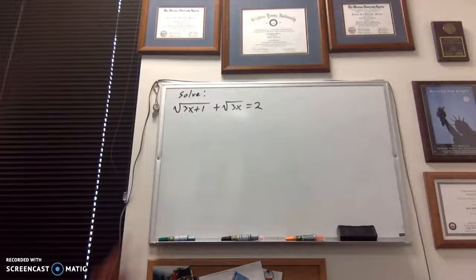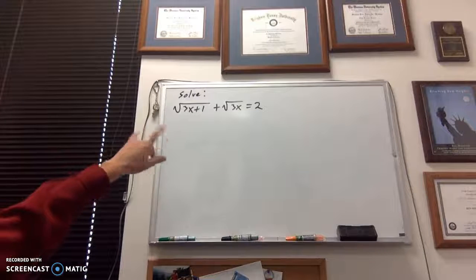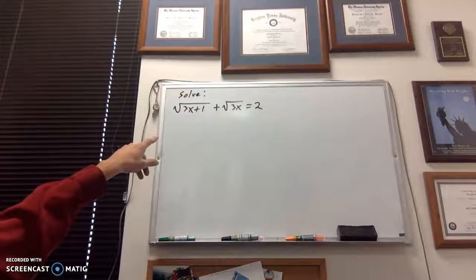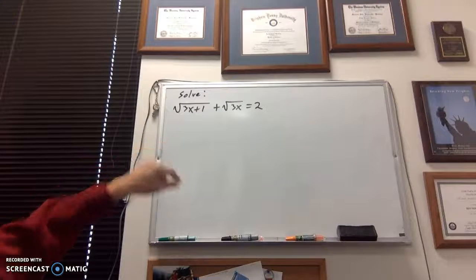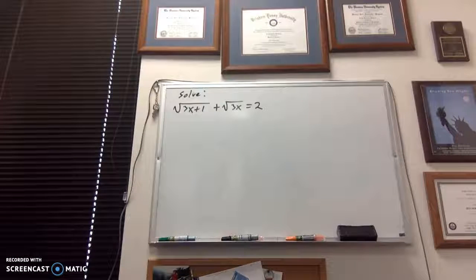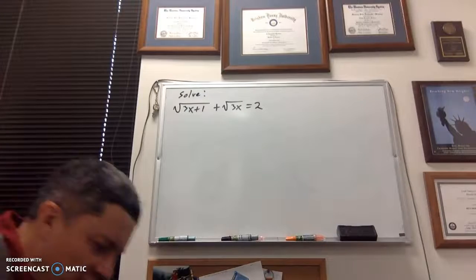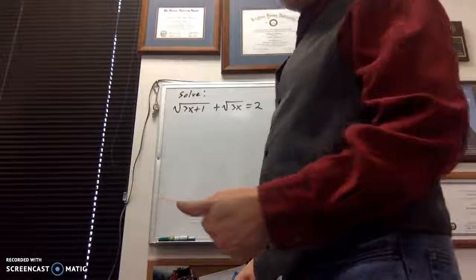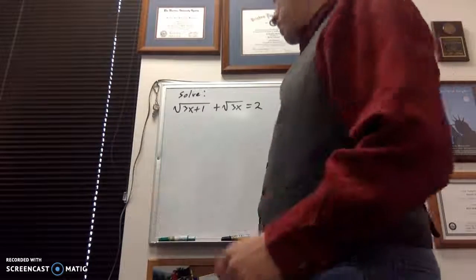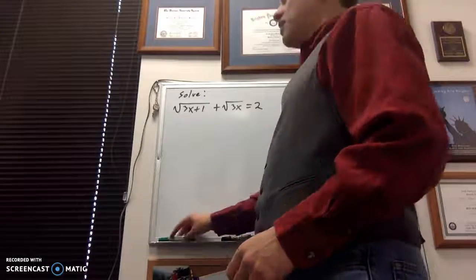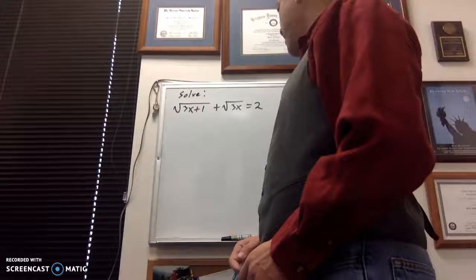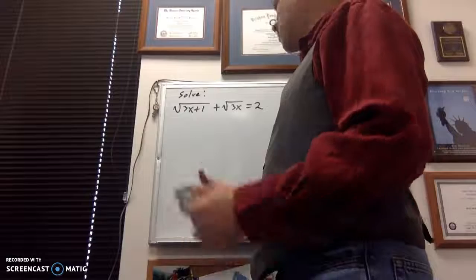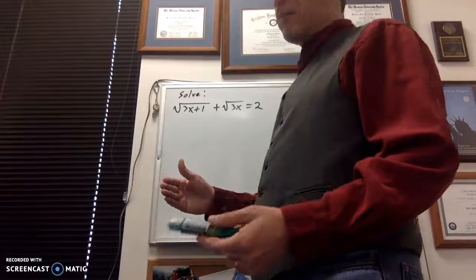In this problem, I've got two radicals in there. I've got the square root of 3x plus 1 plus the square root of 3x equals 2. So Clint Eastwood, when he takes care of business, usually he shoots down his guys one at a time, right? Suppose he's got to take them on one at a time, okay?